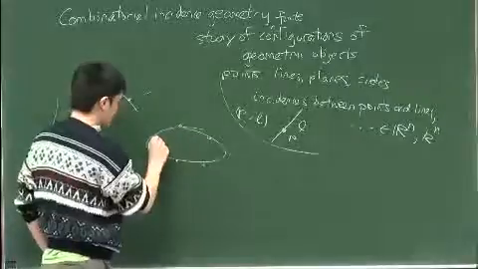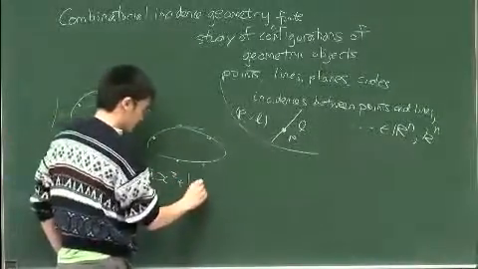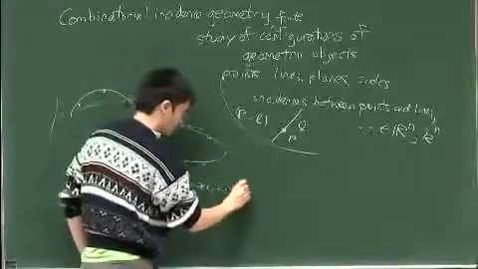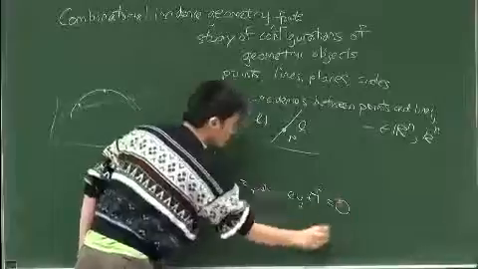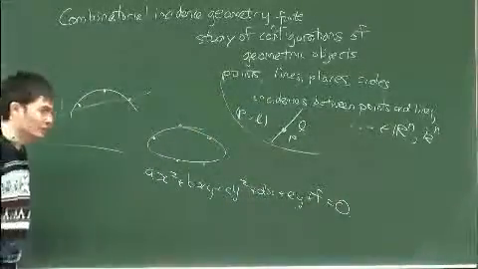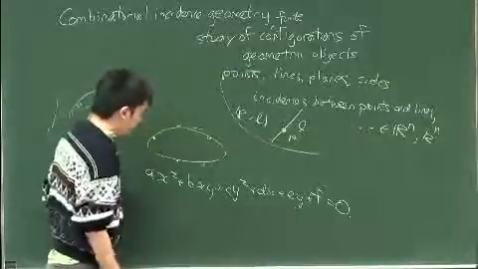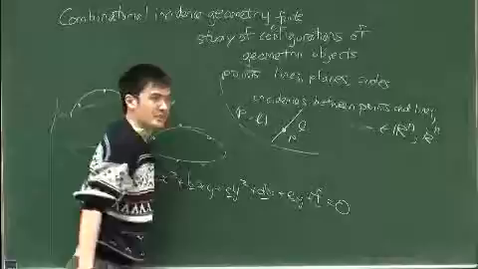If you have 5 points, what is a conic section? A conic section is the locus of a polynomial of this form, of degree at most 2. And so there are 6 degrees of freedom in this polynomial. You can choose 6 different numbers here.